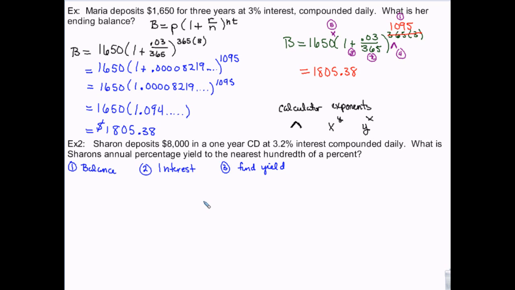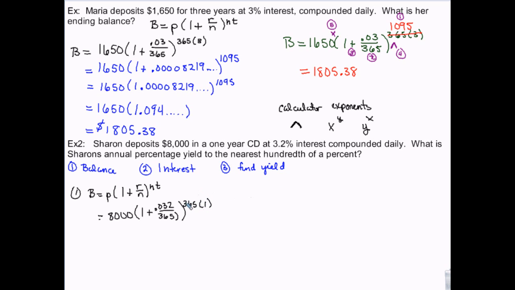All right, so for the first part. Okay, I have $8,000 in a 1-year CD at 0.032, that's 3.2% interest compounded daily. So T is 1 year, but I have 365 times 1.